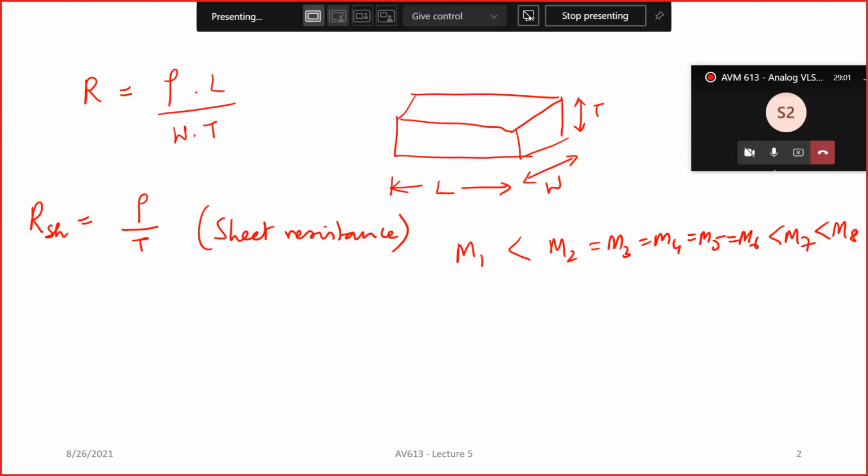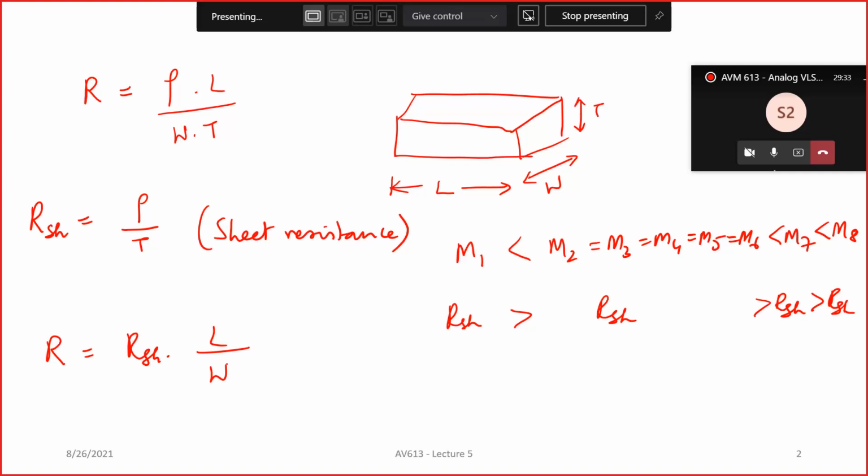So you will see that the sheet resistance of this will be greater than the sheet resistance of these metals, which will be greater than the sheet resistance in this particular area, in this particular order. The rho, because it's all copper material, will remain the same. So now when you talk about the actual resistance, you talk about the sheet resistance multiplied by the quantity L by W. L and W are in your control.